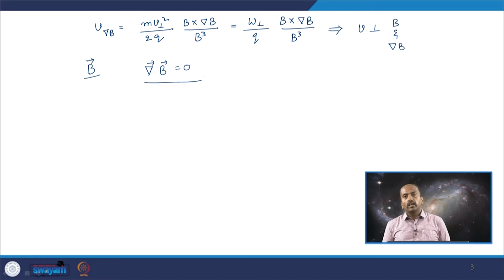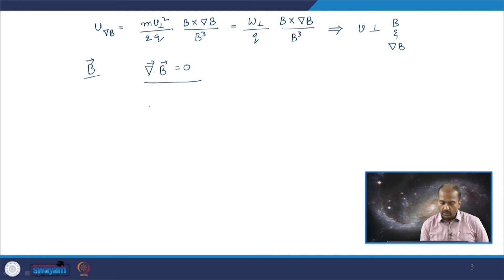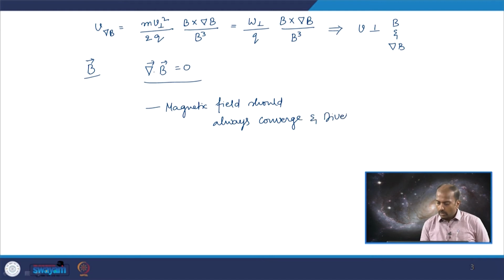That means the magnetic field lines should always converge and diverge.